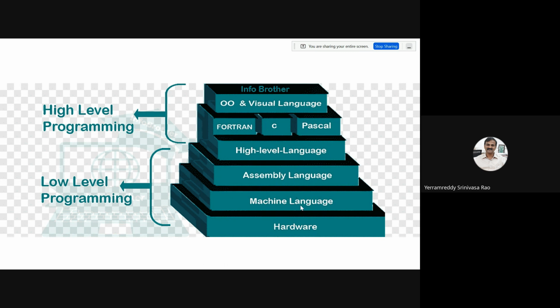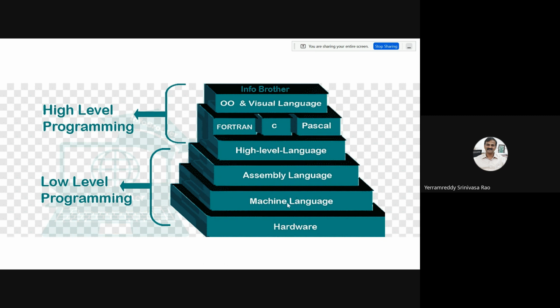Today we are talking about digital systems where a CPU, a semiconductor device, is made up of transistors. A transistor has only two states, either high state or low state. So naturally your language also has to be only two states, low or high, called machine language. Machine language means binary, 0 or 1.